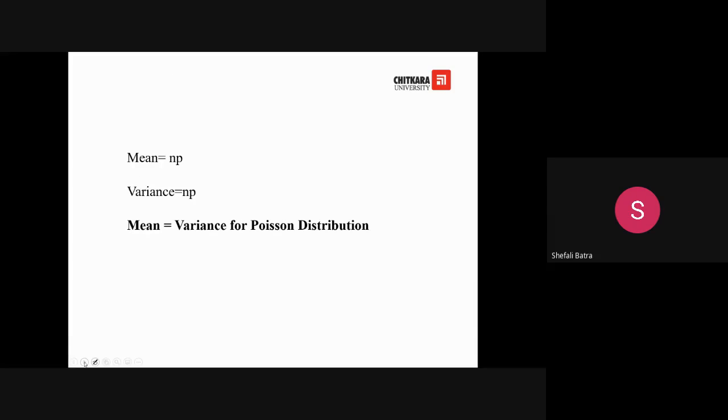Mean and variance are both the same for Poisson distribution, and the formula is n into p. For binomial distribution, we have done that mean is n into p and standard deviation is under root n p q, and variance is the square of standard deviation.